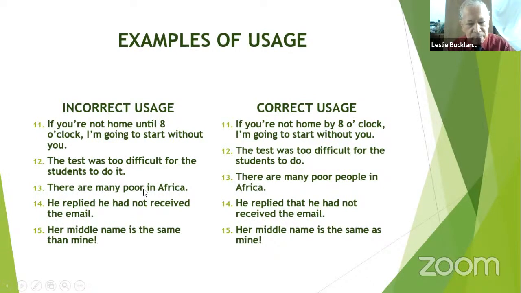For example, in the Greek New Testament, there are certain adjectives that are used like nouns. So we do that also in English, but to be clearer in our language, this is considered to be incorrect usage. We don't just say poor, but we add people. There are many poor people in Africa.